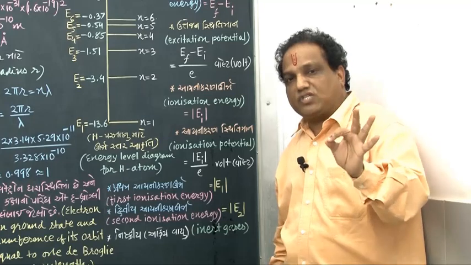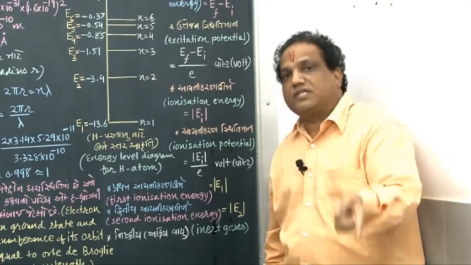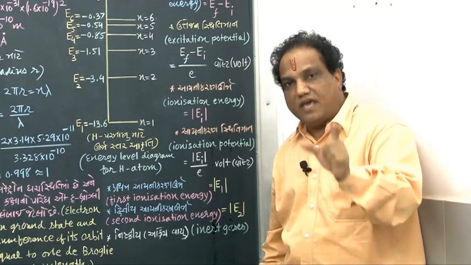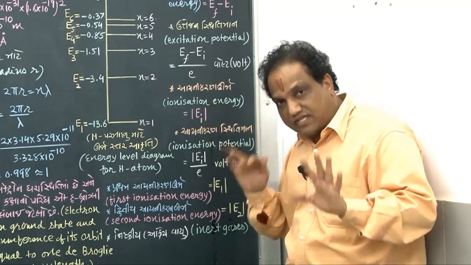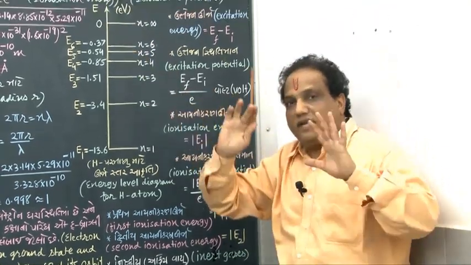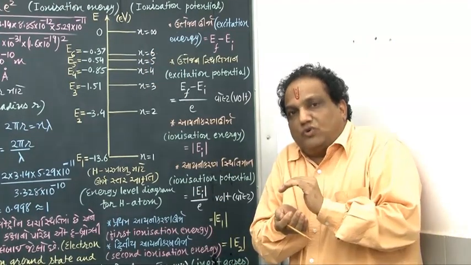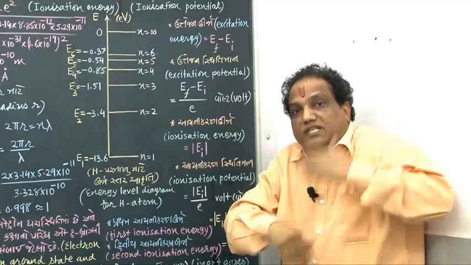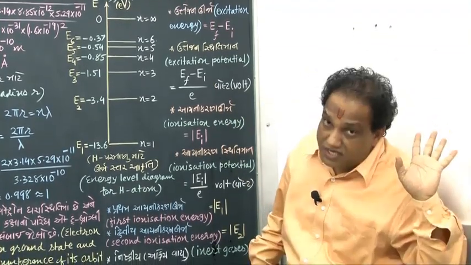So, whenever an electron lying in any state is supplied from outside with energy equal to the modulus of total energy in that state, then its total energy becomes 0, and at that time it is freed from the binding with the nucleus, and because the neutral atom loses an electron and gets transformed into an ion, we call it ionization energy.